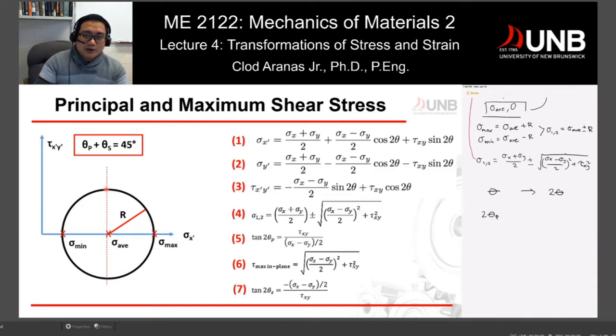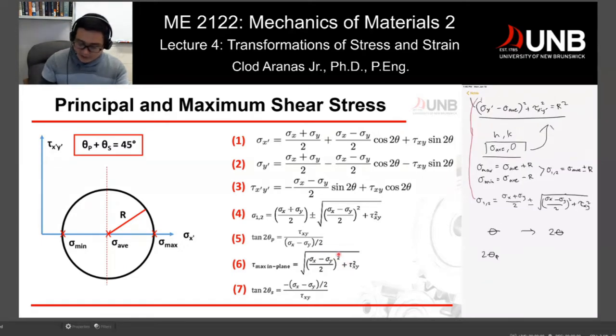How can we determine it by just dimensional analysis here? That's just the radius of your circle, which means that my tau maximum in plane, again, we're just doing two-dimensional, would be your r. And here you can see that's your r in this equation here. So that's how you will get your tau maximum in plane.